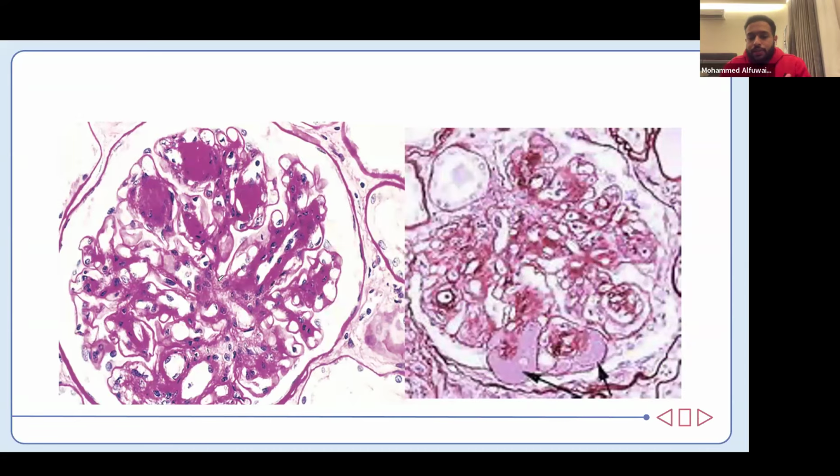Now, what's happening here? If you remember in CVP, we have arteriolosclerosis, right? We have two types, hyaline and hyperplastic. Hyaline was caused by two diseases. Number one is diabetes. Number two was benign hypertension. Good.